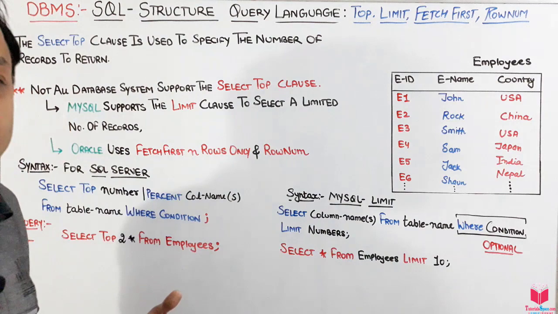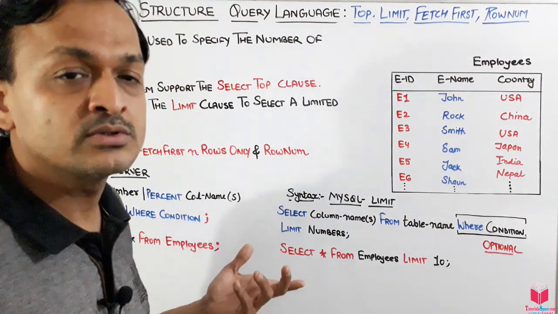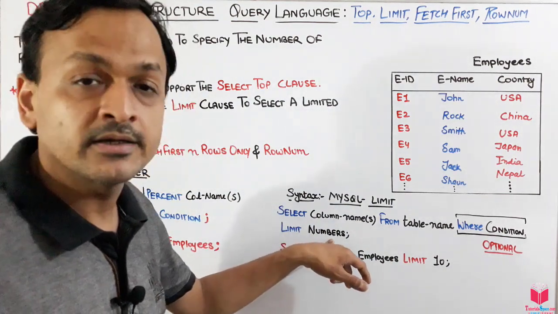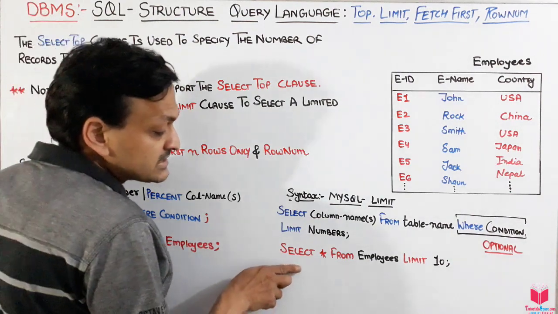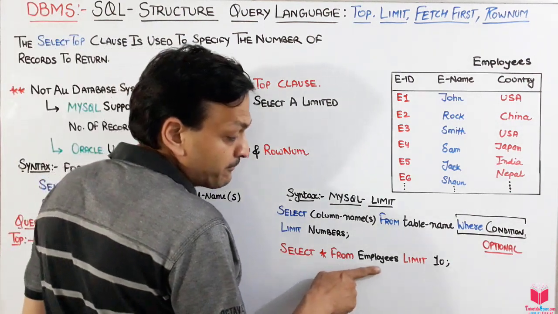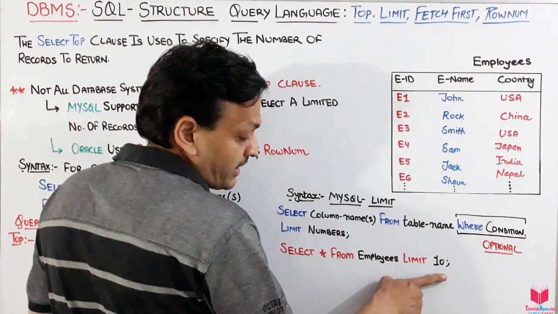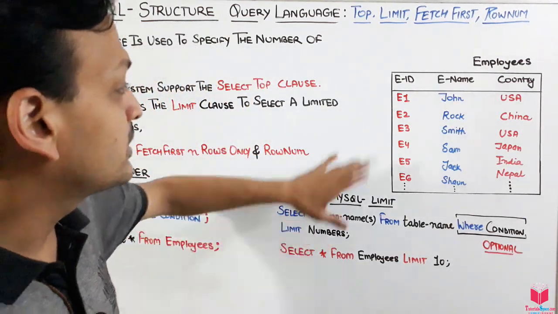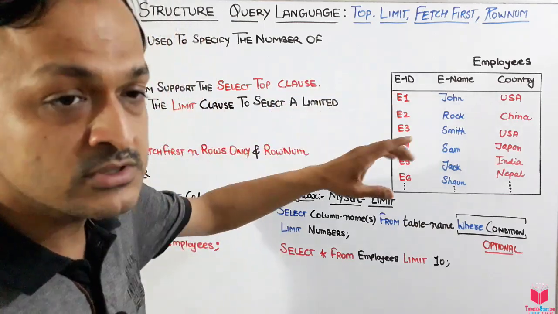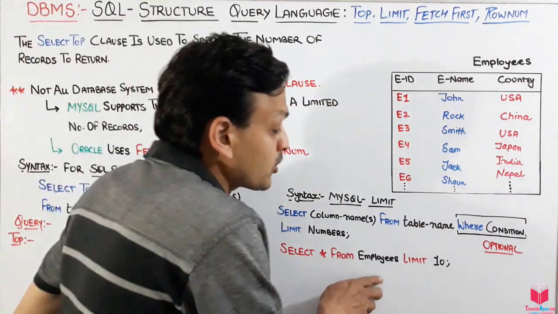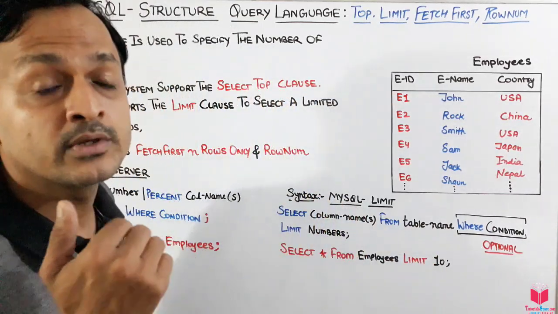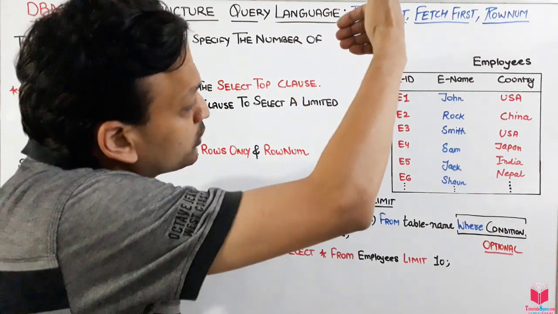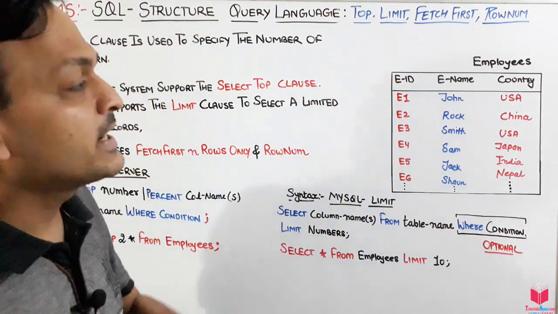If you want 5 rows, LIMIT 5, or 7 rows, LIMIT 7, we have to mention it like this. A query: SELECT * FROM employees LIMIT 10. It will select all the columns and all the values, but it will show only the top 10, limited to 10 records.